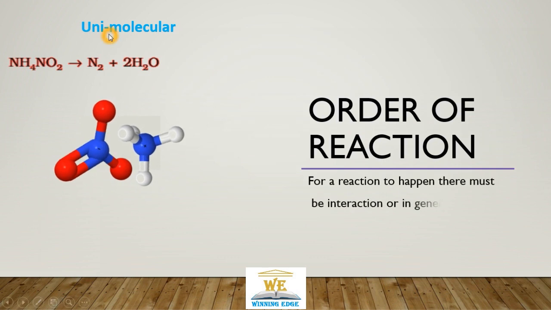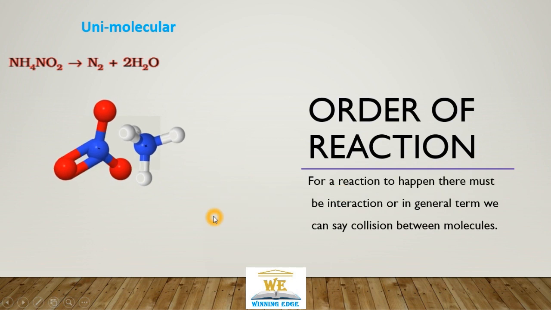So first is order of a reaction. We know what order of a reaction is. It is the summation of the powers of concentration of reactants in the reaction rate expression.